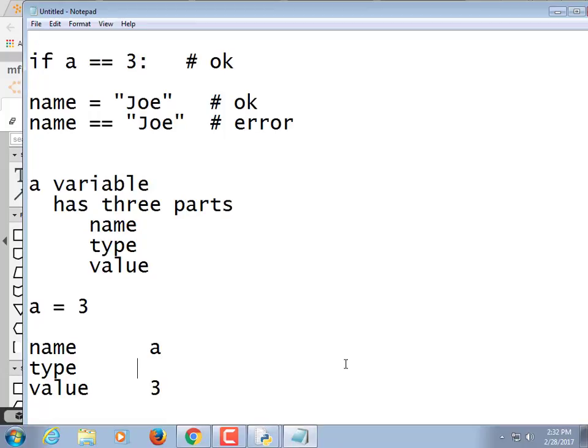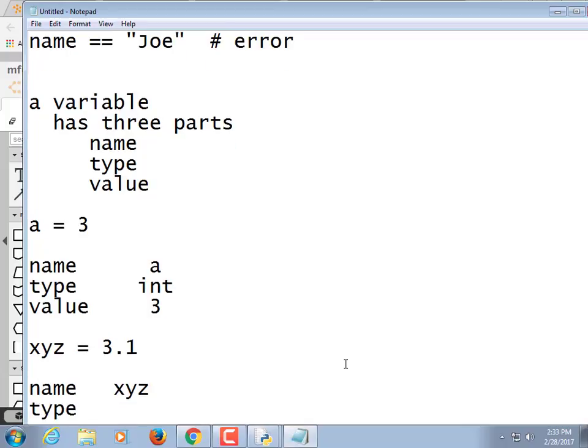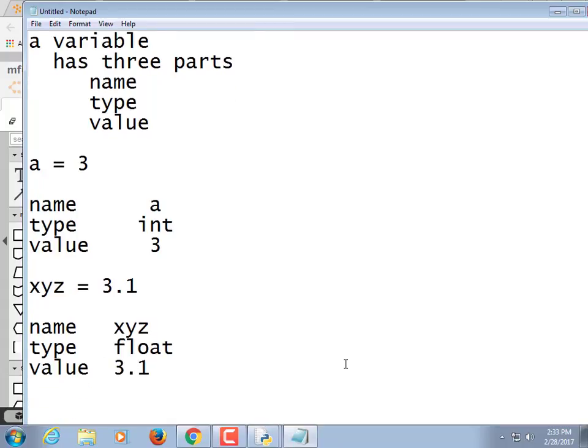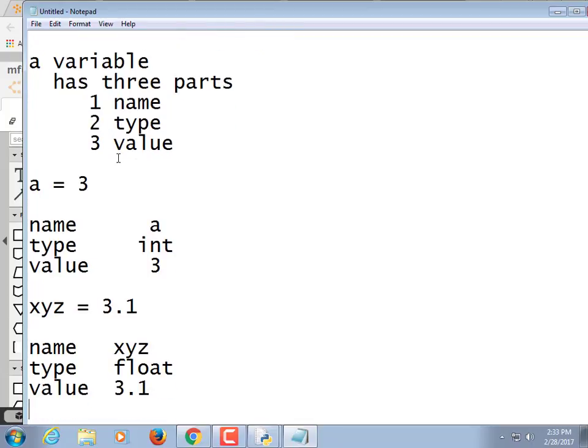What is its type? If it was 3.0, it would be a float. It's an int. XYZ is equal to 3.1. What is its name? XYZ. What is its type? Float. Its value is 3.1. So those are the three parts of a variable. Its name, its type, and its value. That makes sense?